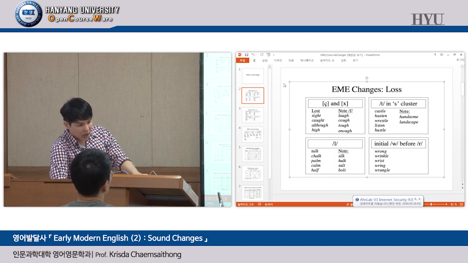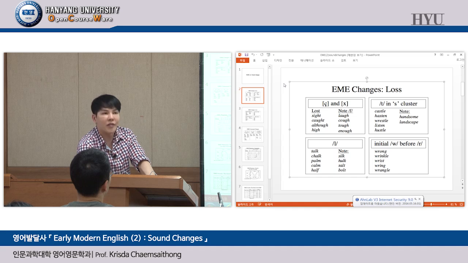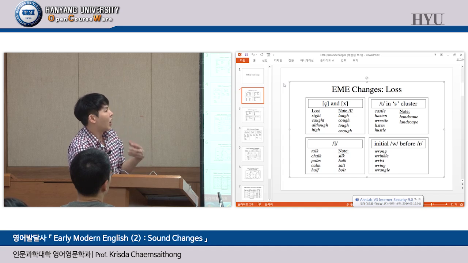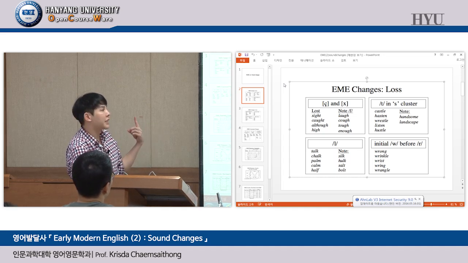The L here, especially after a low back vowel and before a labial or velar sound, like K or M, the L in this position will be lost. Again, I'll say it again.